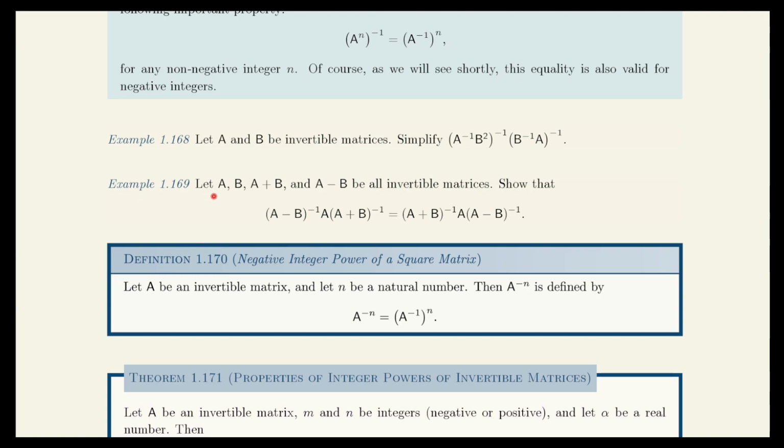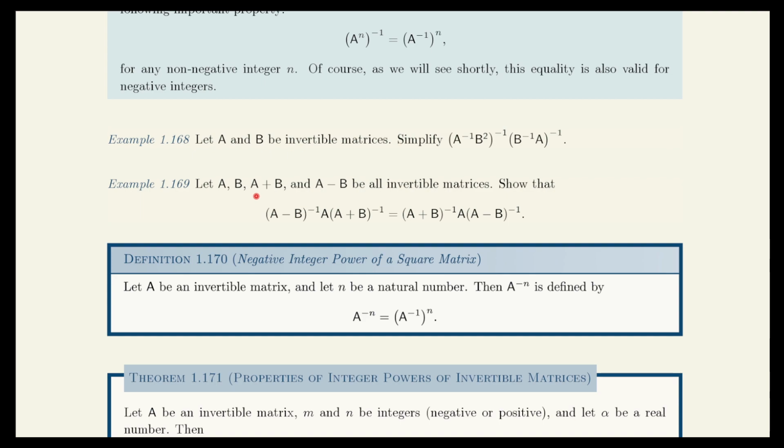So here A, B, and A plus B, and A minus B are all invertible matrices. Be careful. If A and B are invertible, there is no guarantee that A plus B and A minus B are invertible. So this is why if I want to use the inverse of these matrices, I have to explicitly mention that A plus B and A minus B are also invertible.